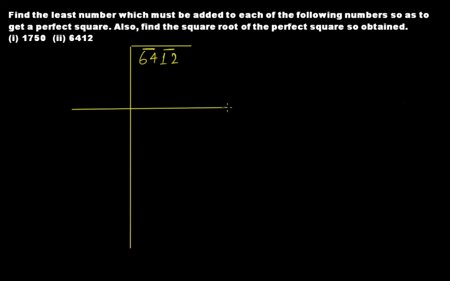Now in this case it goes 8 times 8, that is 8 squared is 64. Subtract, you get 0 here. Now you have 1 and 2 here.